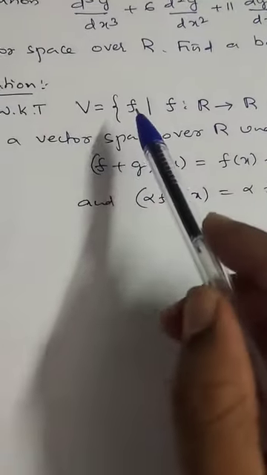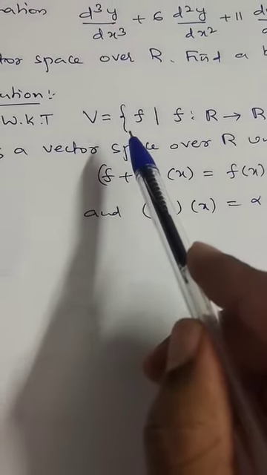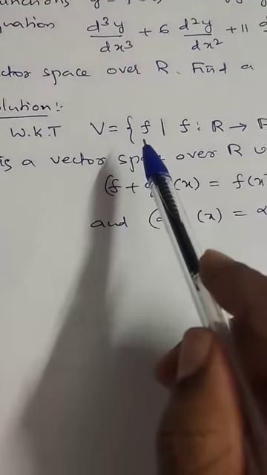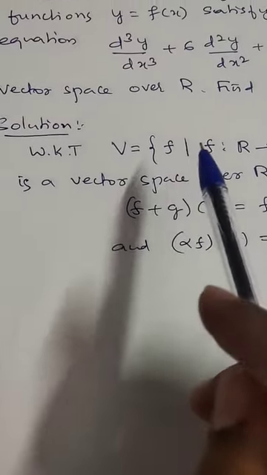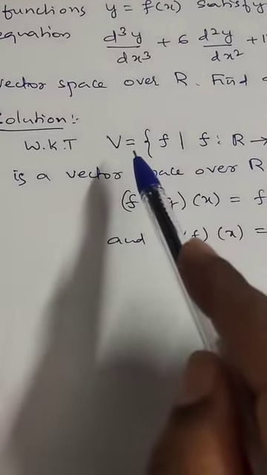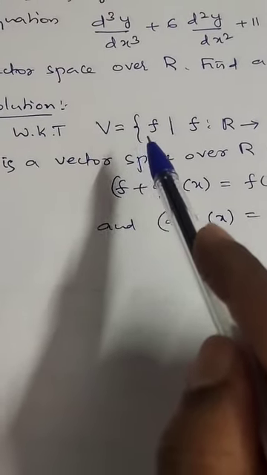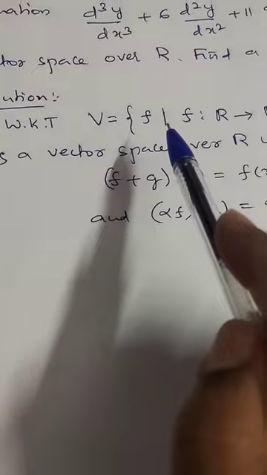Therefore, the solution set W is definitely a subset of V. We will show that the solution set W is a subspace of V, so that W becomes a vector space.